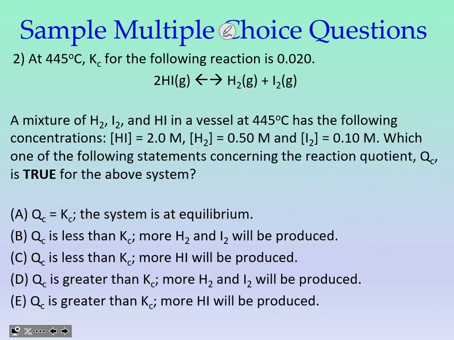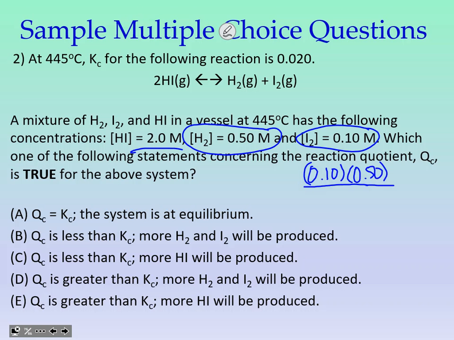Let's go ahead and we're going to put the first product value on top, second product value, and our reactant goes on the bottom, and that's going to be squared because in the balanced reaction, there's 2 moles of that.